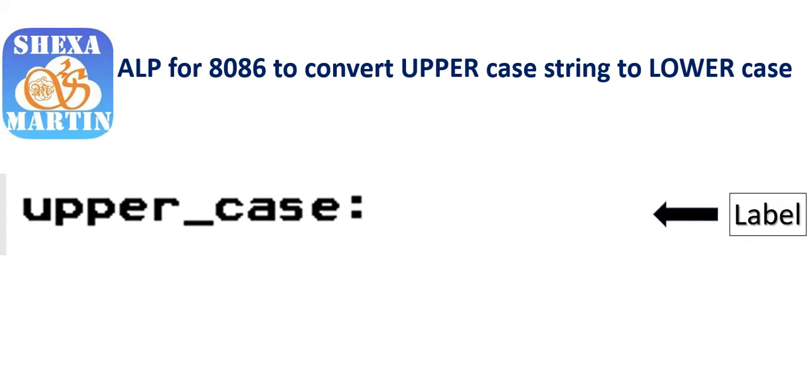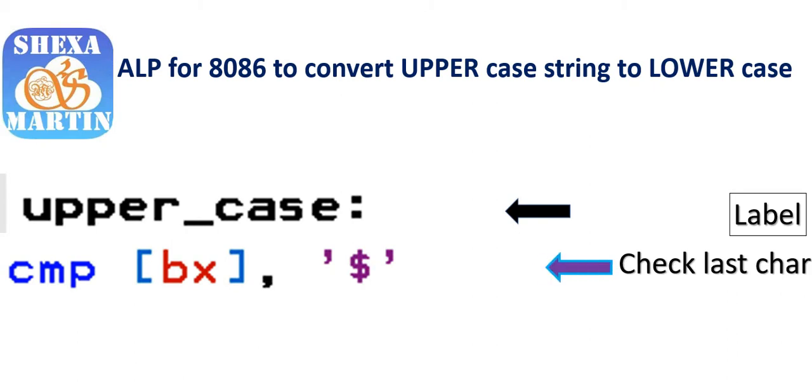In this case, we are converting to lowercase. So we check whether it's already lowercase or in uppercase. If it's in uppercase, we need to convert it to lowercase. But if it's in lowercase, we don't need to convert it because it's already in lowercase.